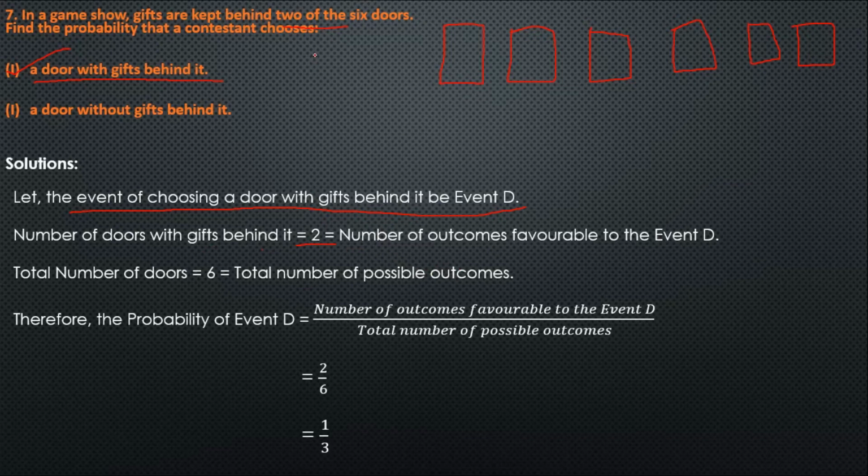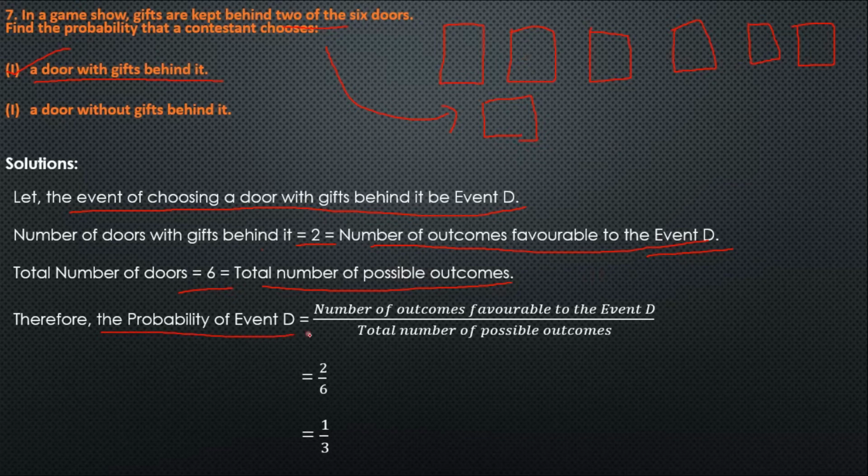So if the contestant chooses any one of these two doors, the contestant is going to get gifts behind it. So this is the number of outcomes favorable to event D. Total number of doors is 6 and this is the total number of possible outcomes, because the contestant can choose any one of these 6 doors.